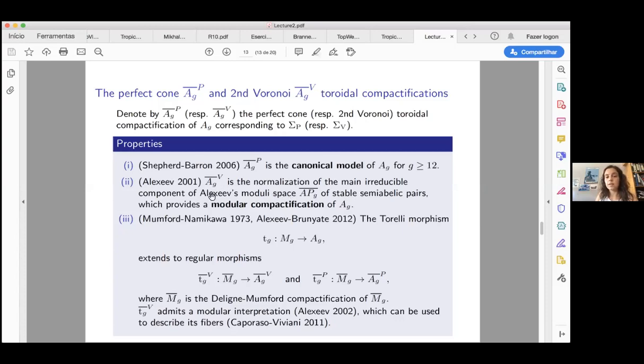description. So Alexeev constructed in 2001 a compactification of Ag which parameterizes what he calls stable semi-abelic pairs.